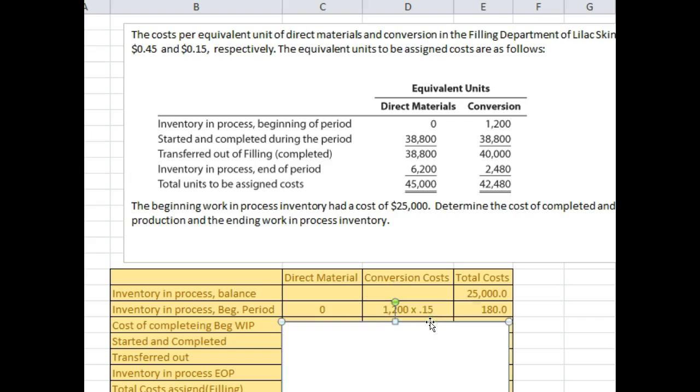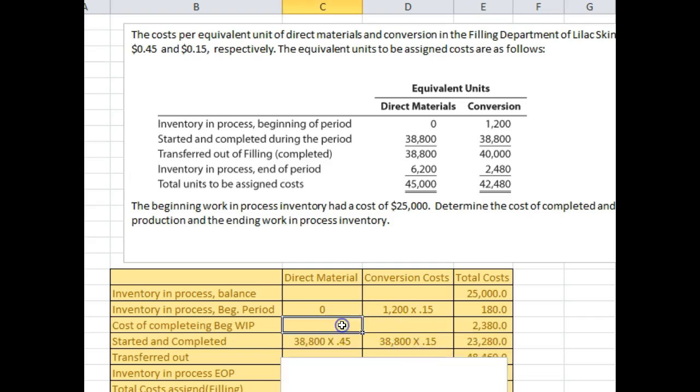And inventory in process at the beginning of the period was 1,200 for the conversion. We had the direct materials already in. So we had 1,200 times that 15 cents, so we have costs of $180 for that.